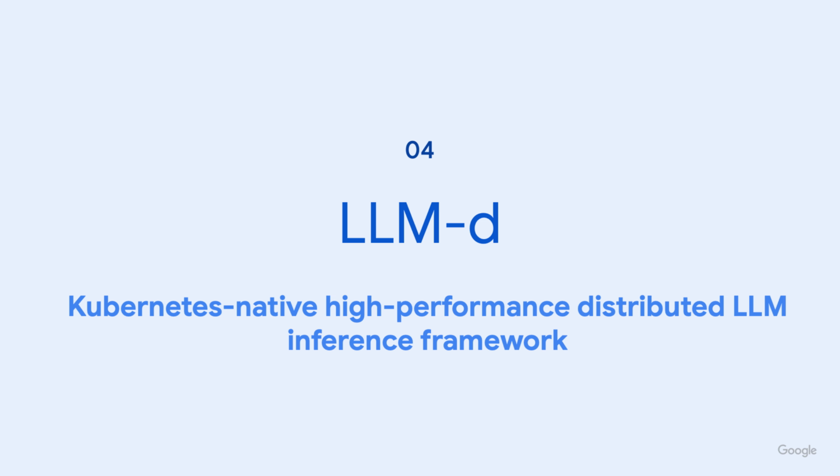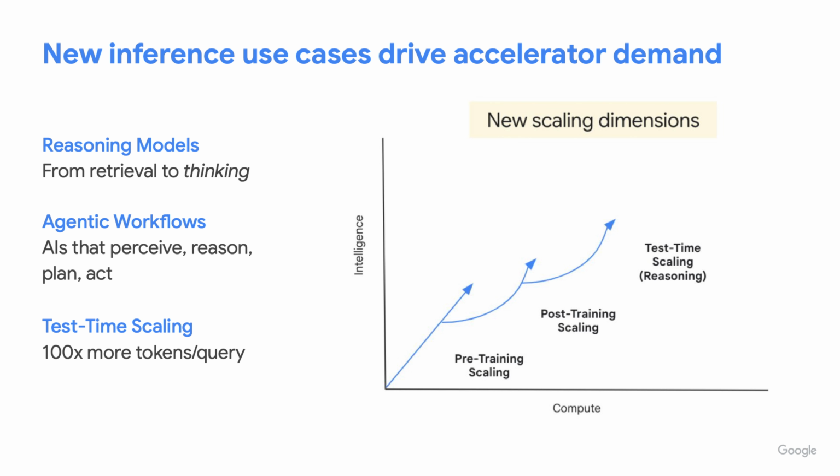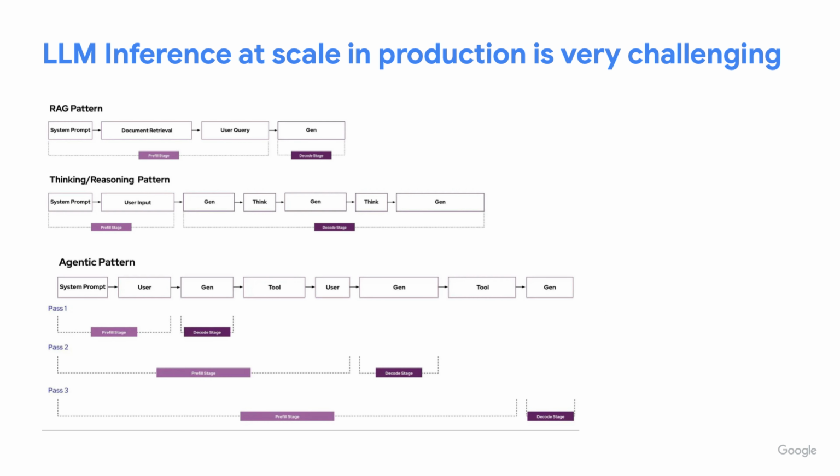Okay, so llm-d. I'm going to zoom out a little bit. Inference use cases over the last year or so, or maybe two years, depending on where you work, have changed significantly. We are scaling compute very, very quickly now, largely because of different use case patterns.